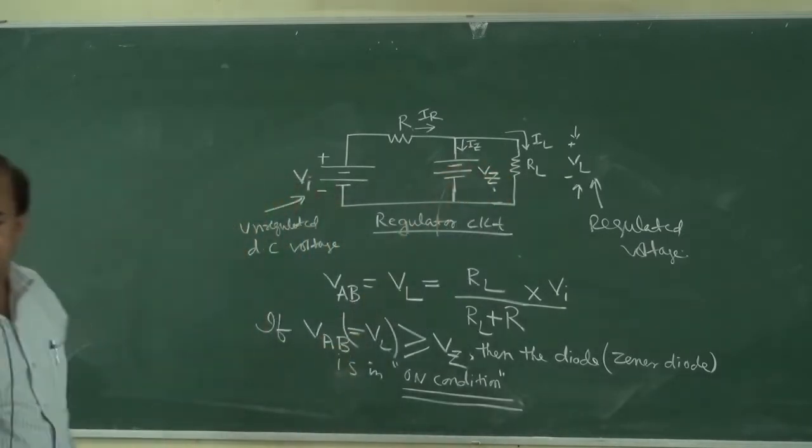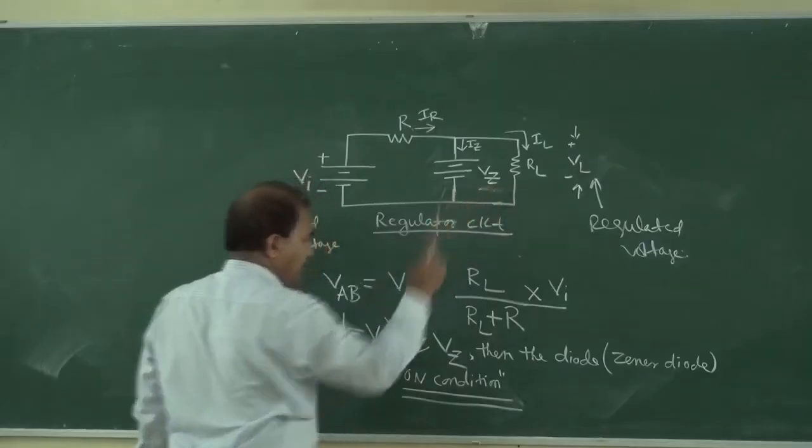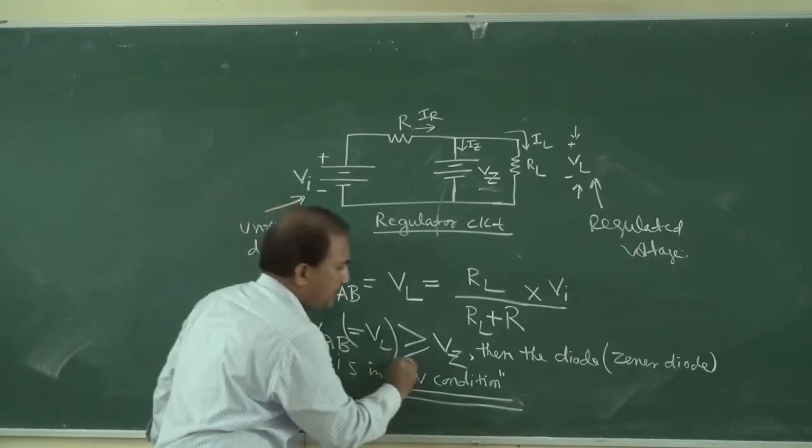Now this is replaced with a constant voltage source, by Vz, if the diode is in on condition.